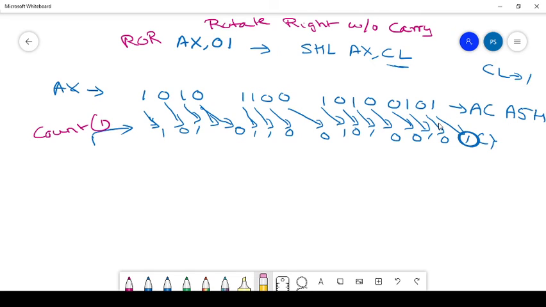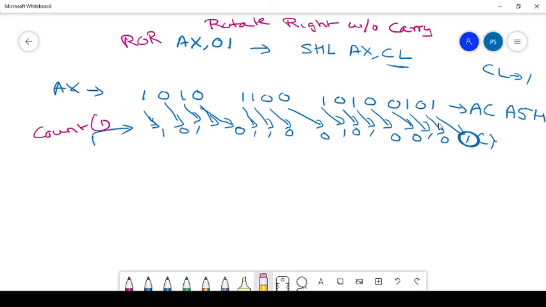Rotate left AX comma 01. I am taking the same one. AX quantity is 1 0 1 0 1 1 0 0 1 0 1 0 0 1 0 1.